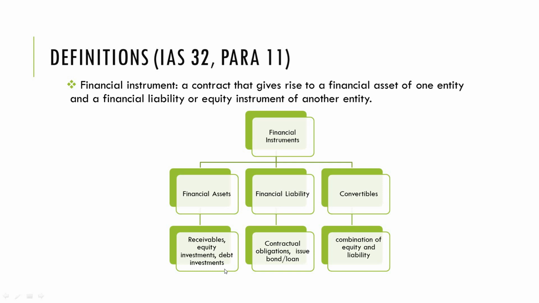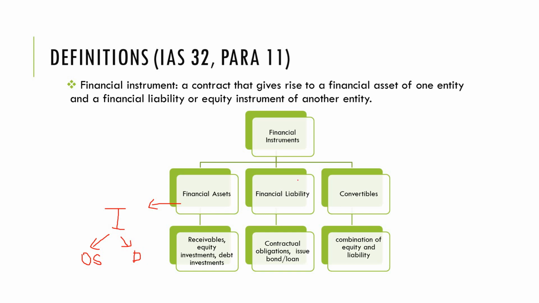Sometimes we purchase shares from another company, or we can also purchase debentures or bond loan stocks from another company. So this is what we call financial assets. The best example of a financial asset is an investment that we make by buying ordinary shares, or it can also be in the form of a bond whereby we buy debentures or loan stocks from another company.